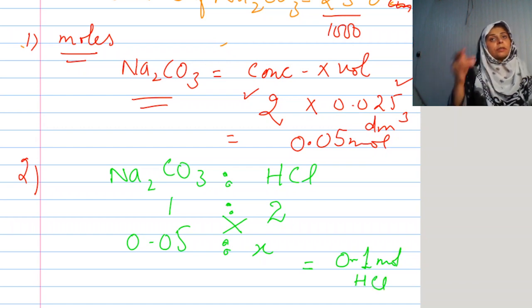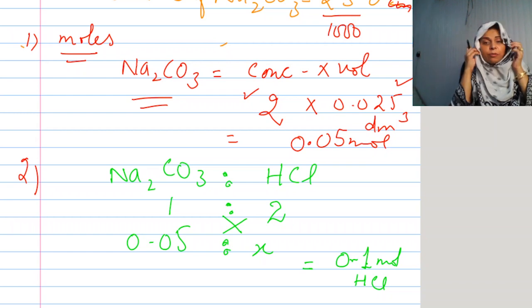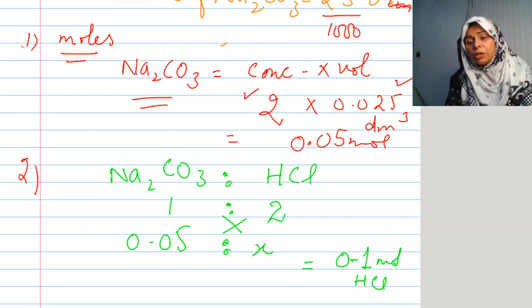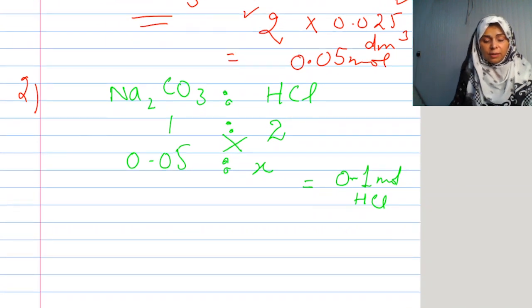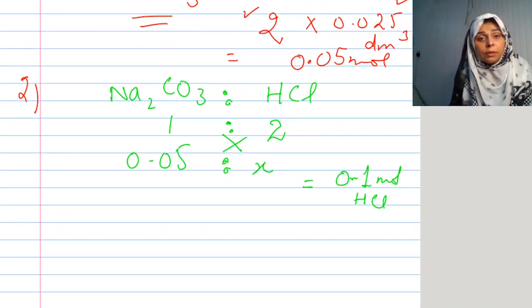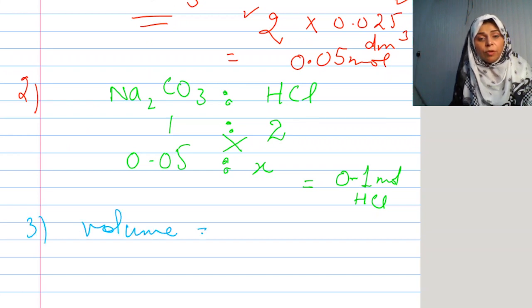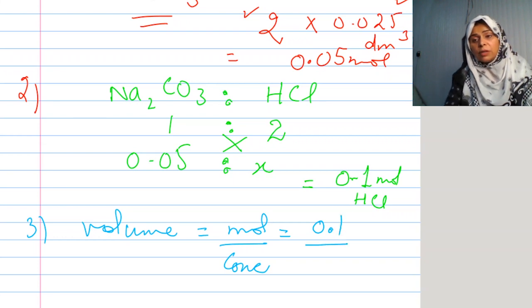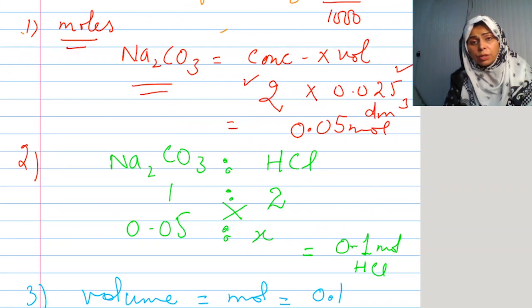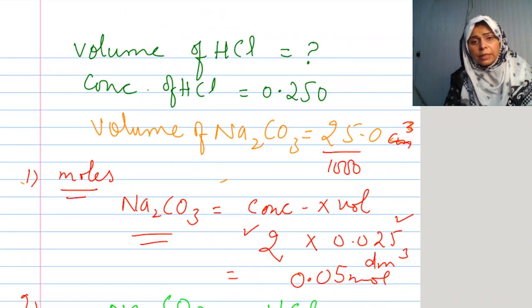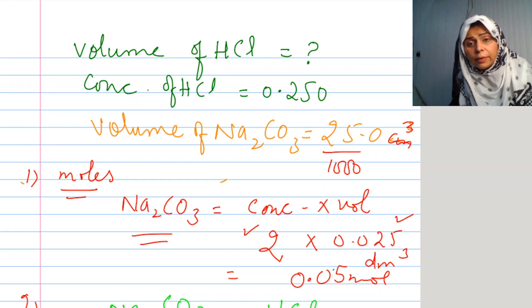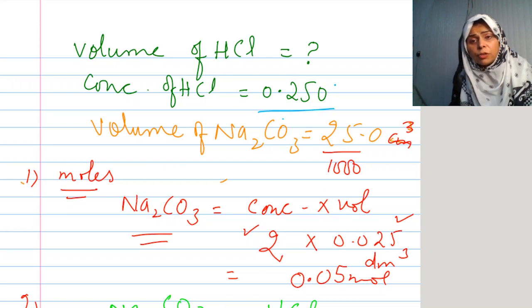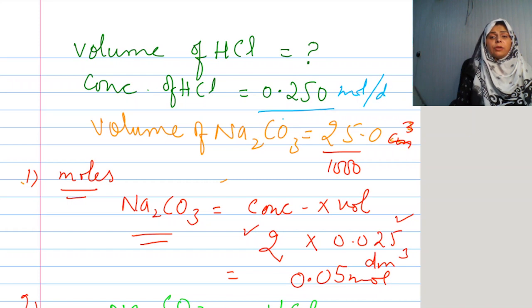What we have to calculate is the volume of HCl. So to calculate the volume of HCl, we write the formula: volume is equal to moles over concentration. We have the moles, 0.1, and the concentration given in the question, 0.250 mole per decimeter cube.